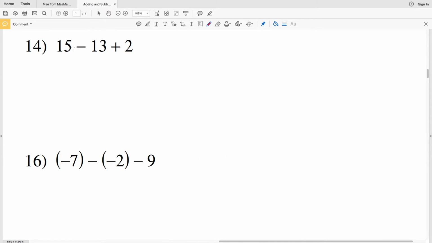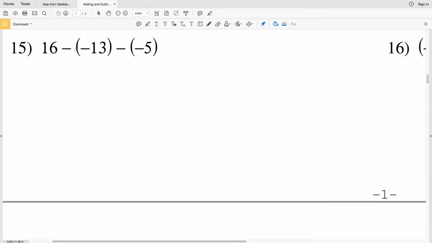Number 14, let's just do this from left to right. 15 minus 13 is a positive 2, and we're left with adding 2 on, so 2 plus 2 is a positive 4. Here we have 16 minus a negative 13 minus a negative 5.